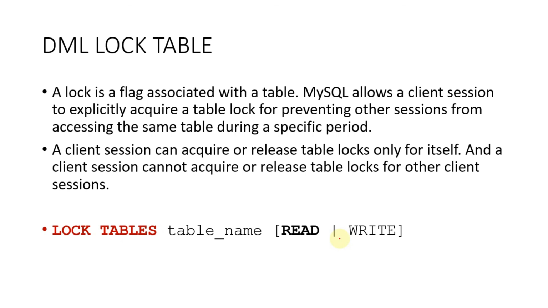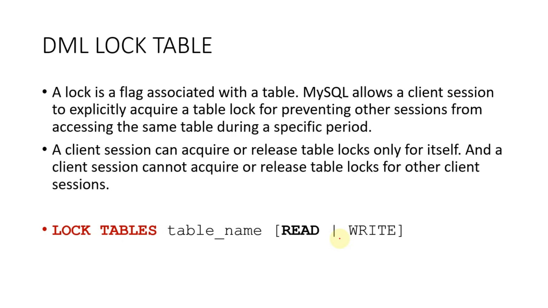If there are multiple users and every user has its own session, it is possible that a single user may need a table to be locked for him. In that case, that user will be able to use the table, and the rest of the users in different sessions will find that table locked.